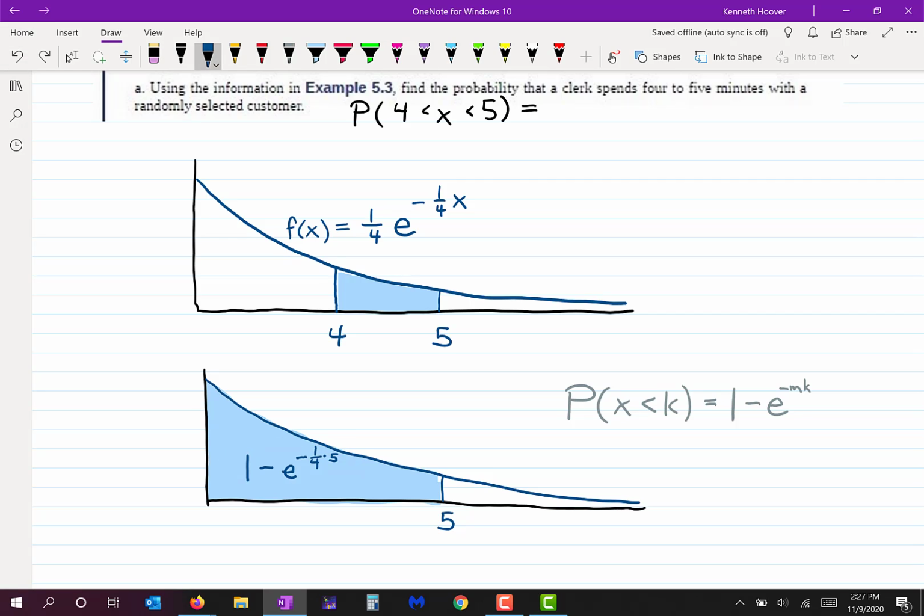I mean, you could use a computer if you want, but I'm going to plug this into a calculator. 1 minus e to the power of negative 5/4. And that comes out to be approximately 0.713.